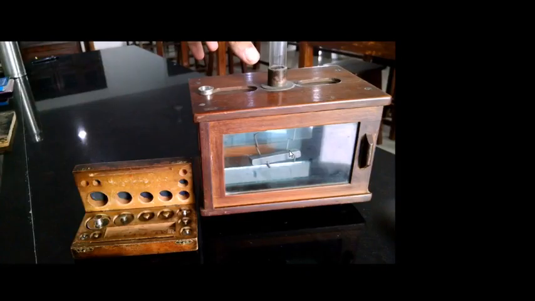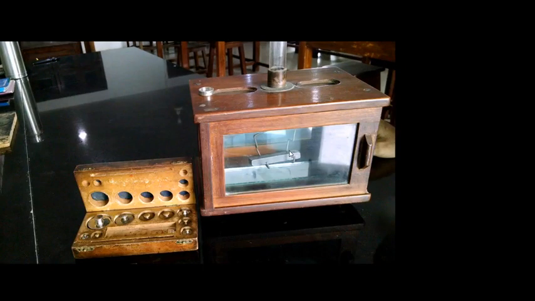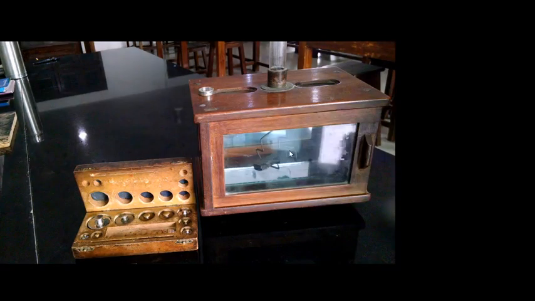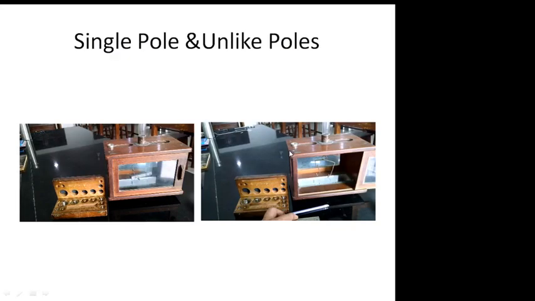Reading will be easier to take from the top, and that way you can start your stopwatch and note down the time for 20 oscillations. Once you finish this one magnet reading, go with magnet 2. Replace magnet 1 by magnet 2 and repeat the experiment. So this is about the single magnet, or single pole.